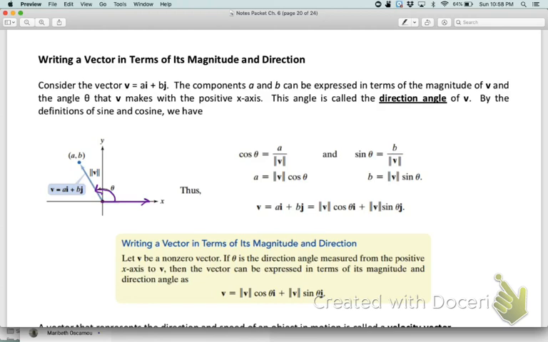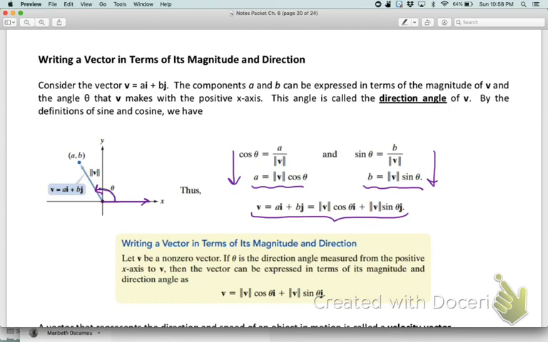And knowing what we know about sine and cosine, using opposite over adjacent and whatever, you can see over here how they have derived the following formula. If this is how we get the component for a and this is how we get the component for b, then finally this vector of a times i plus b times j is going to look like that.